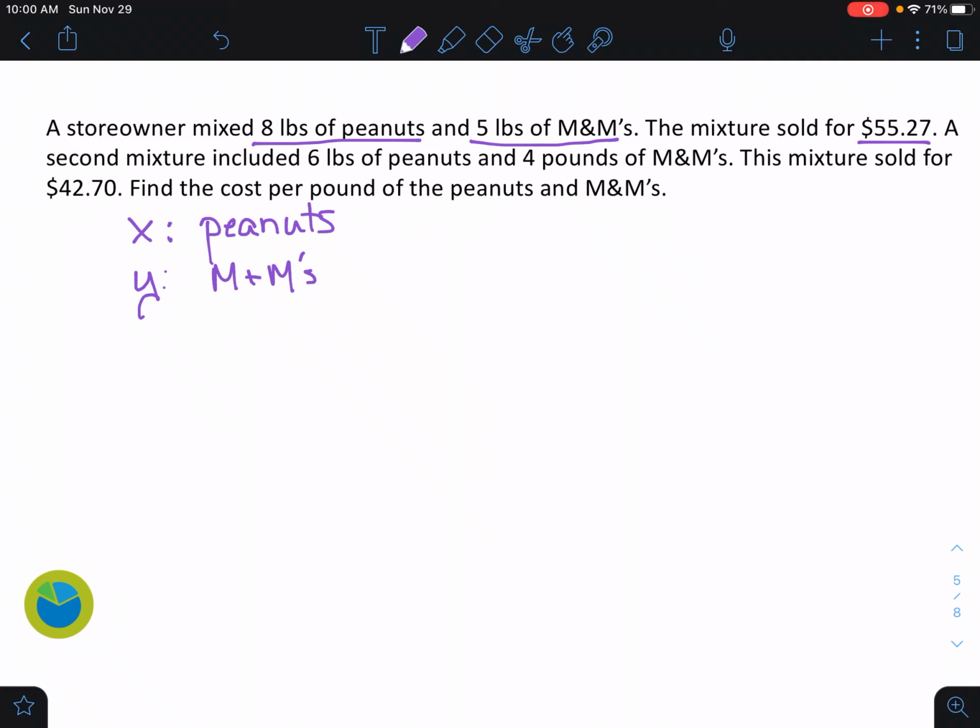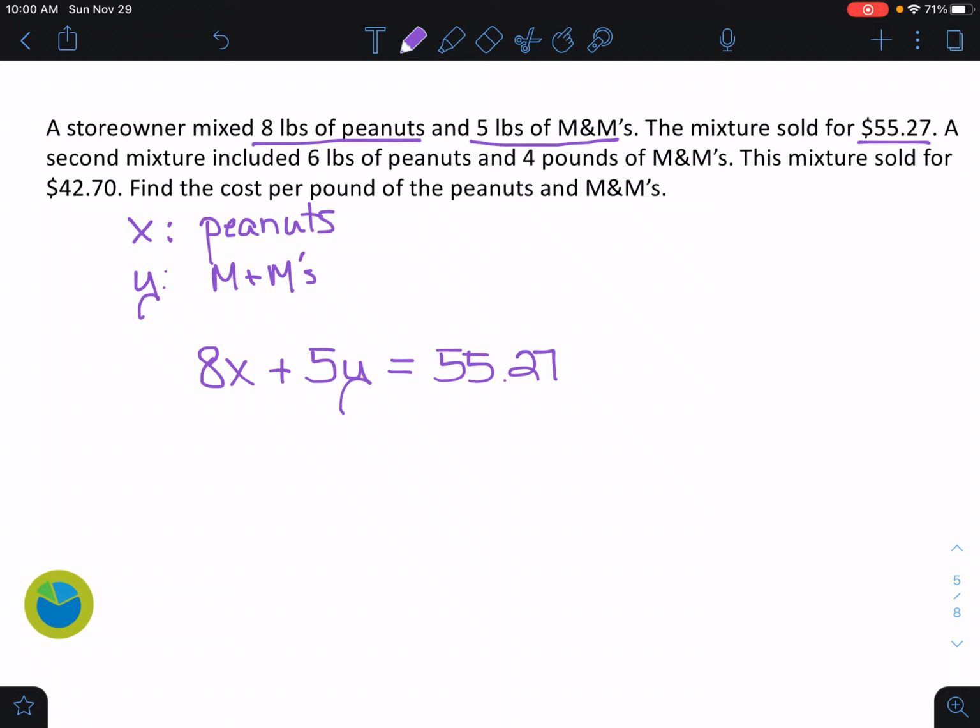This is cost per pound, so we have 8 pounds, and I don't know what the cost per pound is, so we say x, plus 5 pounds times whatever the cost per pound is for M&Ms, and that gives us a total of $55.27. Okay, so that's our first equation.